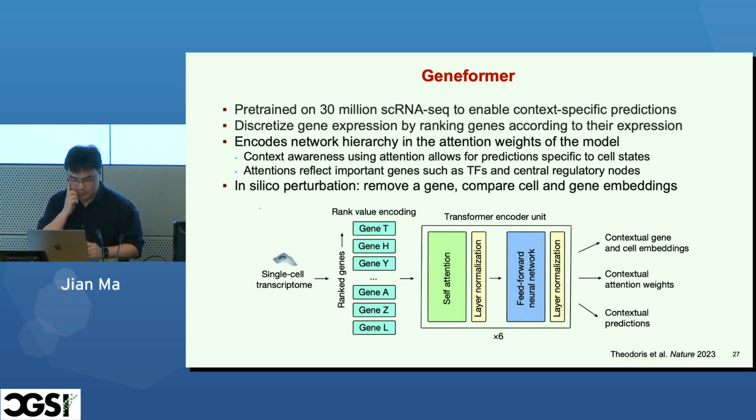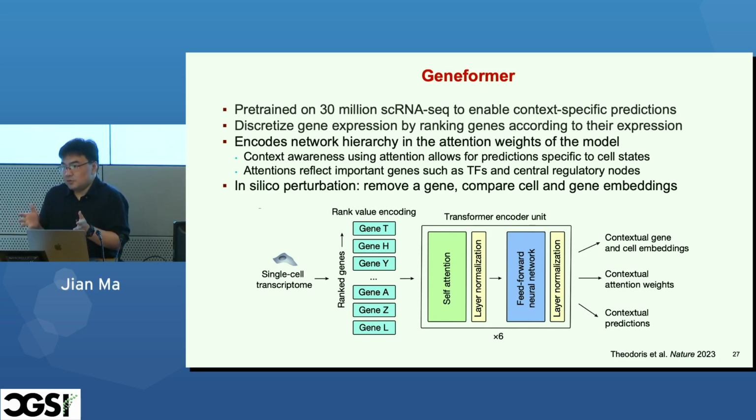One thing the authors did that I think is very interesting is to look at the attention weights from the models. They found that these attentions reflect important genes, such as gene nodes in the regulatory network, the central regulatory genes versus the more peripheral ones. The more central ones have higher attention because they influence a lot of other genes in the cell.